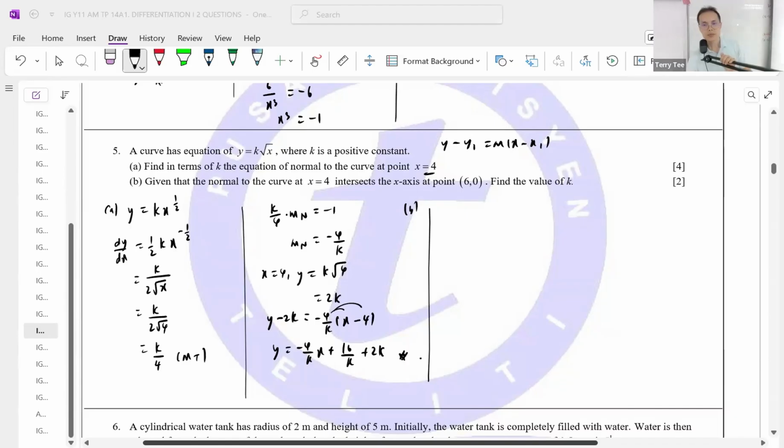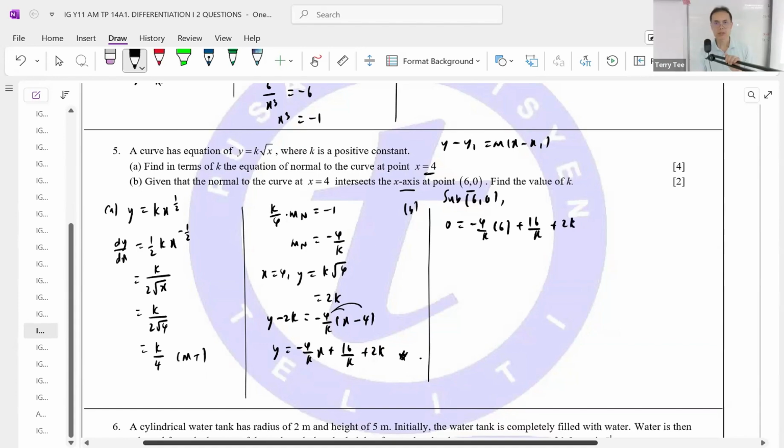Okay, now next I want to find my value of k, given the normal intersects the x-axis at the point (6, 0). So if it does intersect at (6, 0), we can sub in the coordinate. That means your y is 0 when my x is 6. Just sub inside. Our job is to find k.